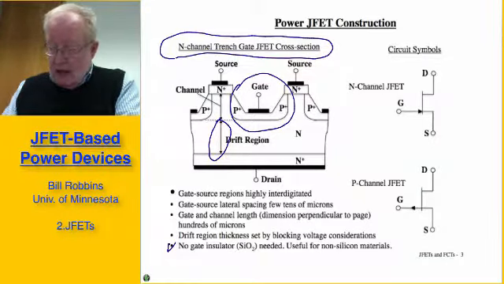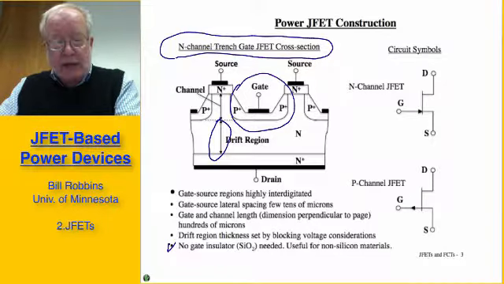Over here on the right I show the circuit symbols for the power JFET. It's the identical one that we use for signal level JFETs. For the N-channel device, it looks mostly like a MOSFET symbol, except for the fact that the gate lead points directly into this vertical line on the MOSFET part of it.